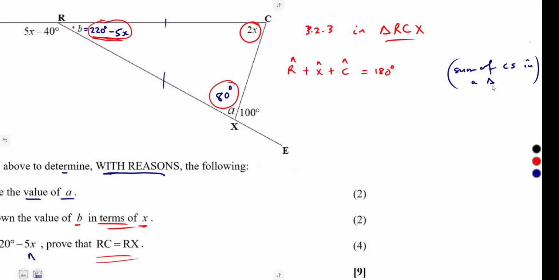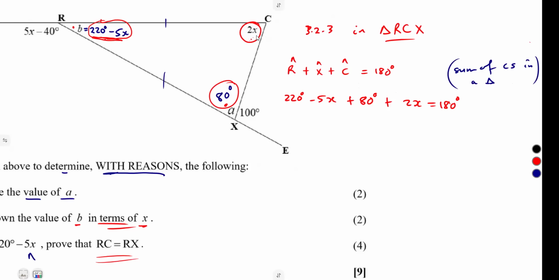So if we add these angles together, angle R, which is 220 minus 5x, plus angle X, which is our A, 80 degrees, plus angle C, which is 2x, this is supposed to give us 180 degrees. That's why we have formed an equation where you can solve for x.